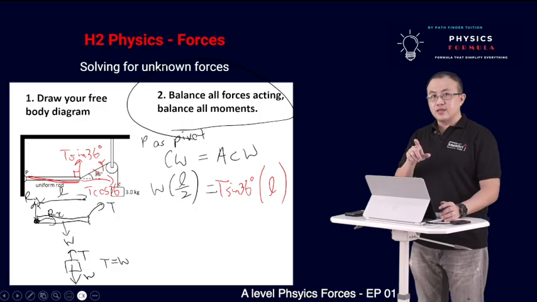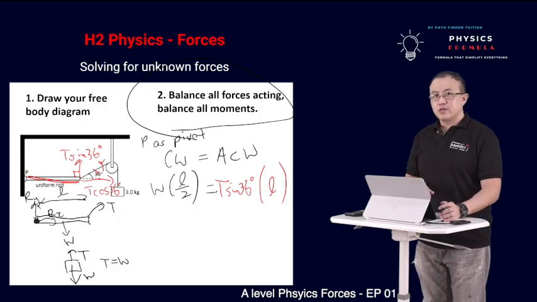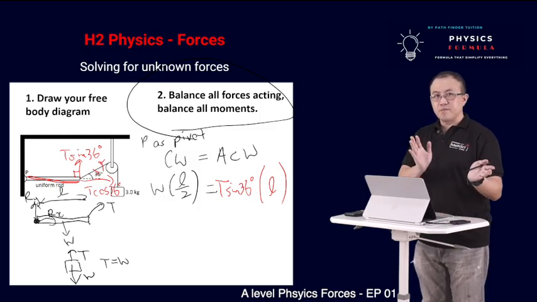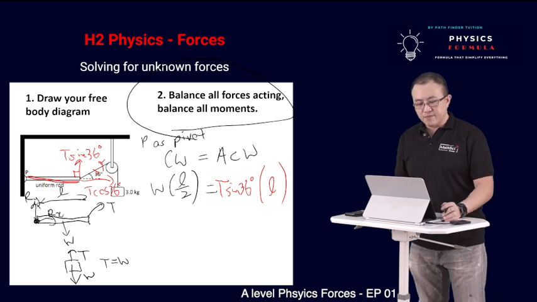If not perpendicular, make it perpendicular. You don't have to do this in O level, but you definitely need to know how to do this in A level. Make sure the force is perpendicular to this distance before you calculate the moment.